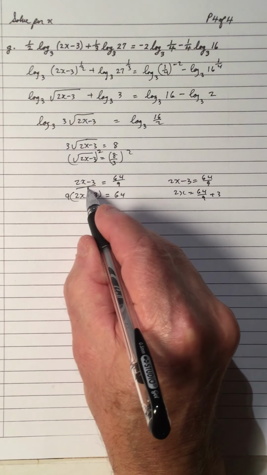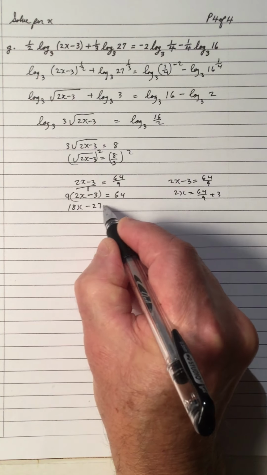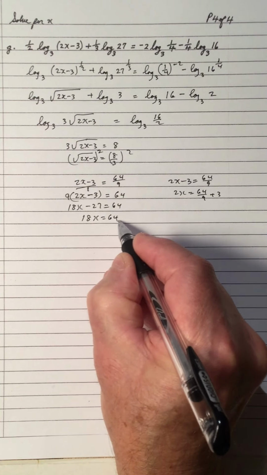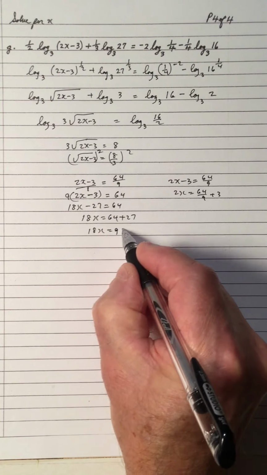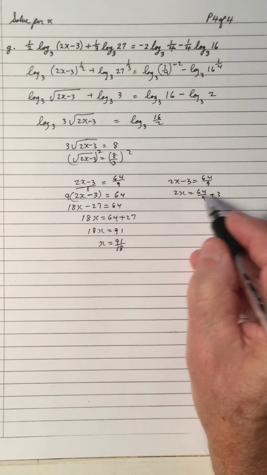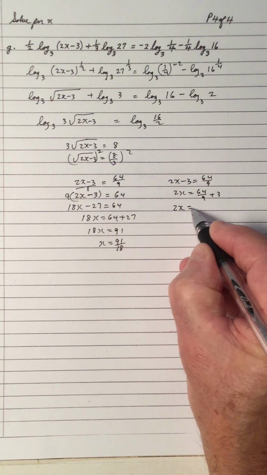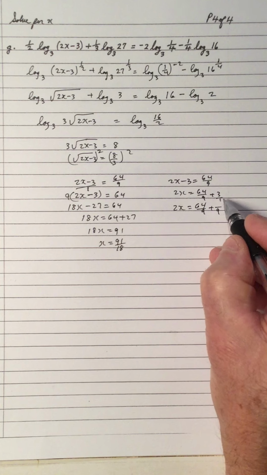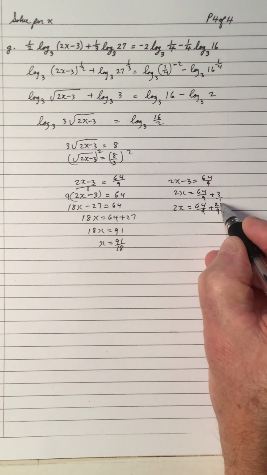Or I can put it over 1 and make two fractions across multiply. 18x minus 27 is 64. 18x equals 64 plus 27. 18x is 91. x is 91 over 18. And I can follow through if I did it the other way. That's a plus 3, so that's 2x equals 64 over 9 plus 3 over 1, which is 27 over 9.